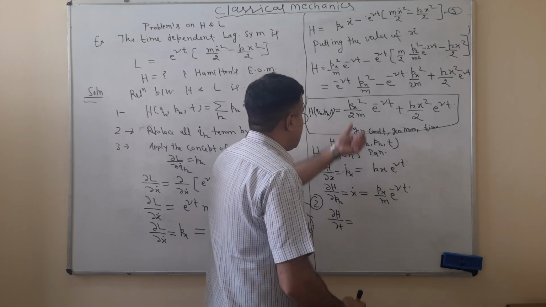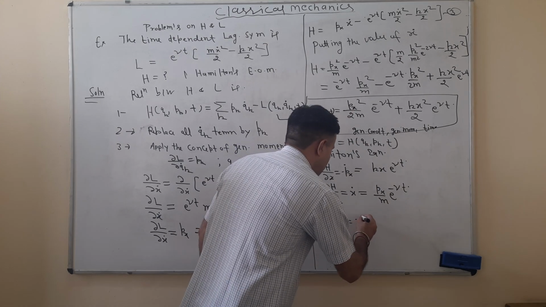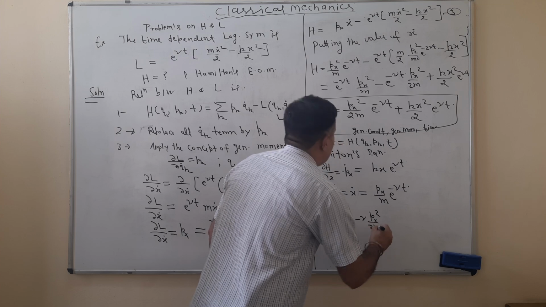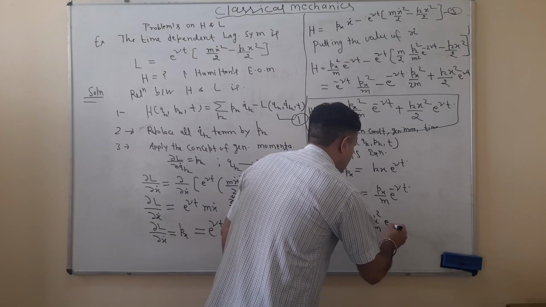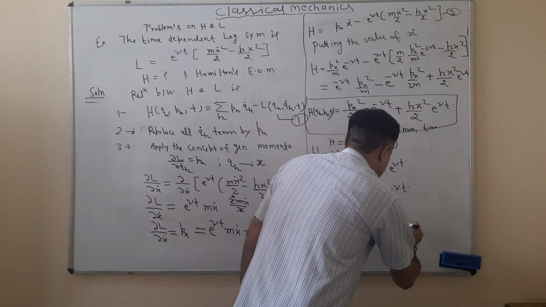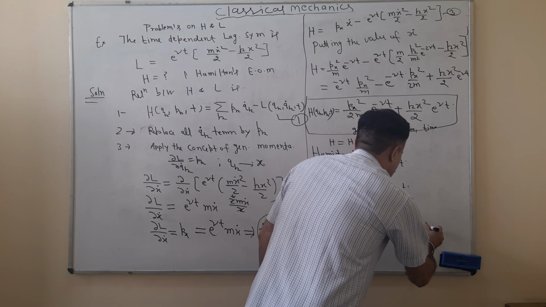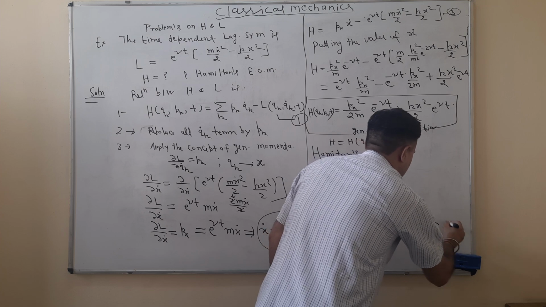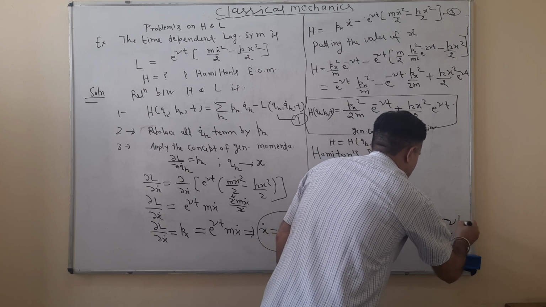Del H upon del t is minus nu px square by 2m e to the power minus nu t plus nu kx square by 2 e to the power nu t.